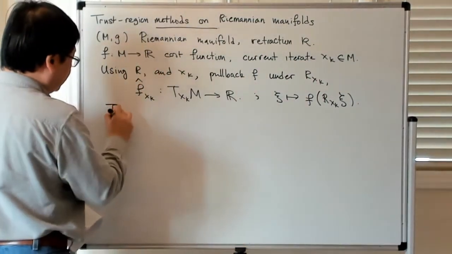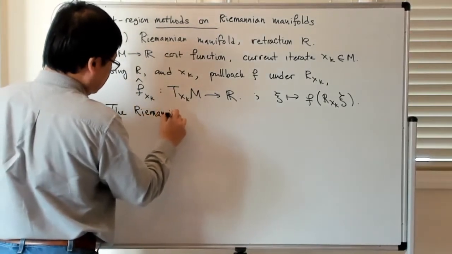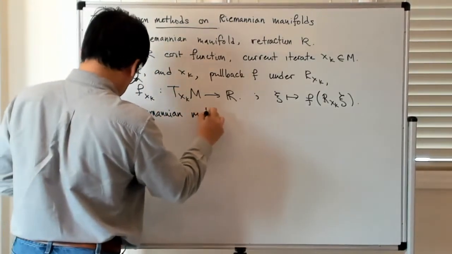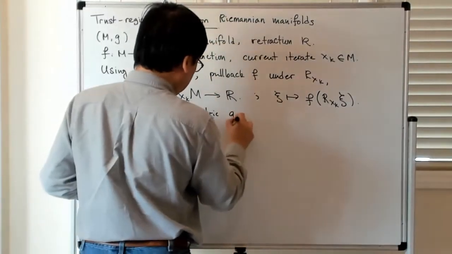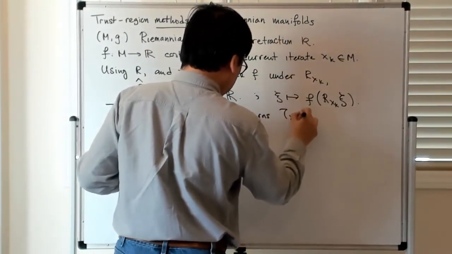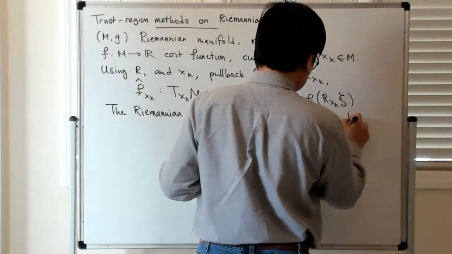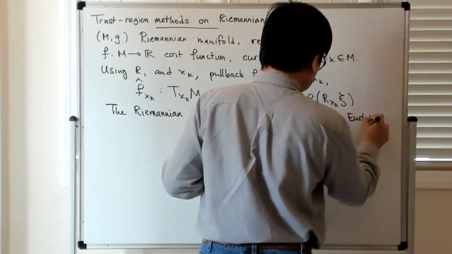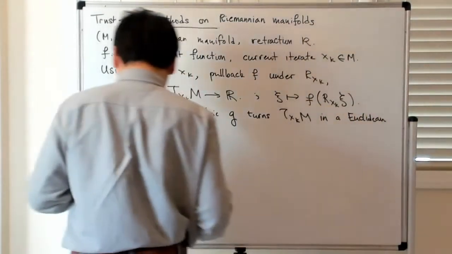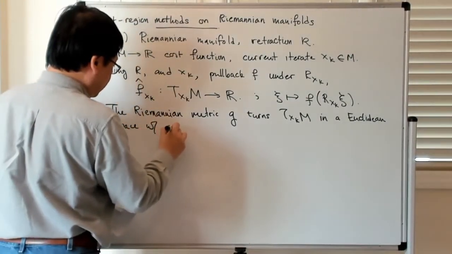So the Riemannian metric G turns the tangent space at xk into a Euclidean space with an inner product.